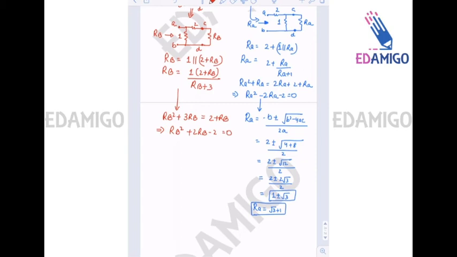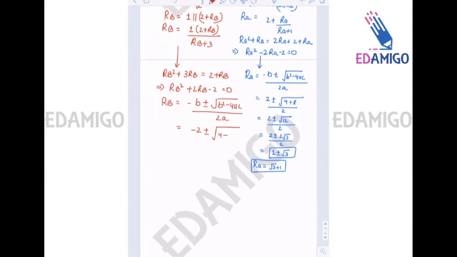After solving this we can say that RB is equal to minus B plus minus under root B square minus 4AC divided by 2A, that is minus 2 plus minus under root of 4 plus 8, divided by 2, that is minus 2 plus minus under root 12 divided by 2, that is minus 1 plus minus under root 3. So we will take the positive part. So RB is equal to under root 3 minus 1, and RA was under root 3 plus 1.